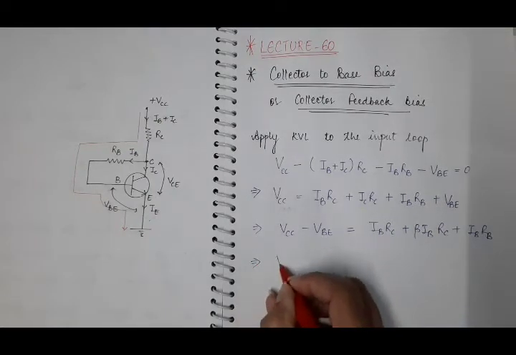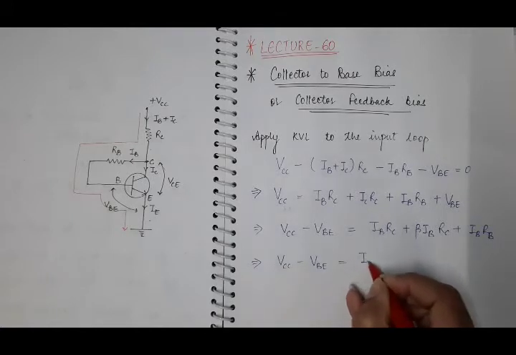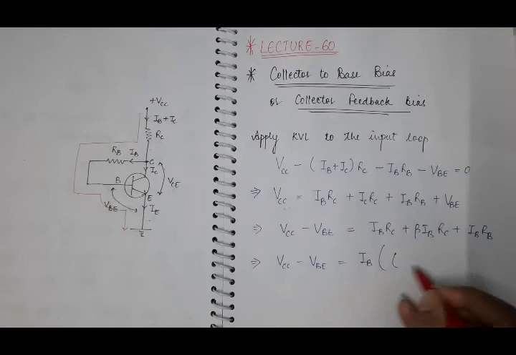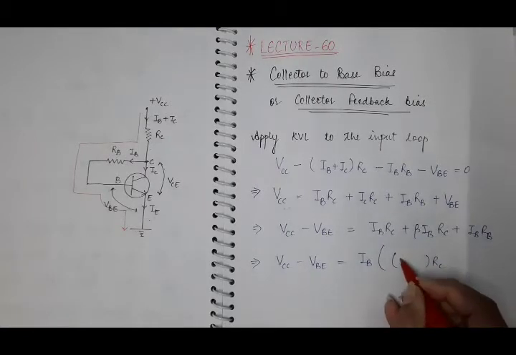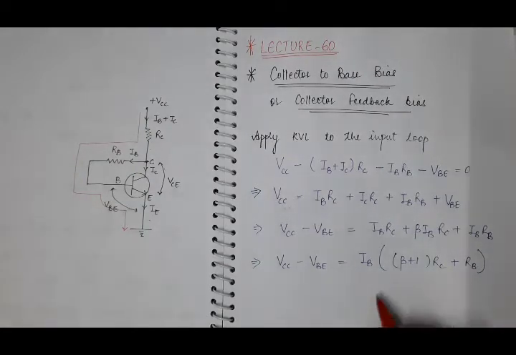Now to find the value of IB, take IB common, and inside the bracket, again take RC common, and we will have beta plus 1, plus RB. Now move this whole term to the denominator.